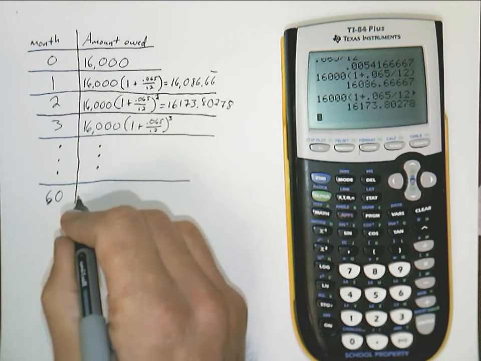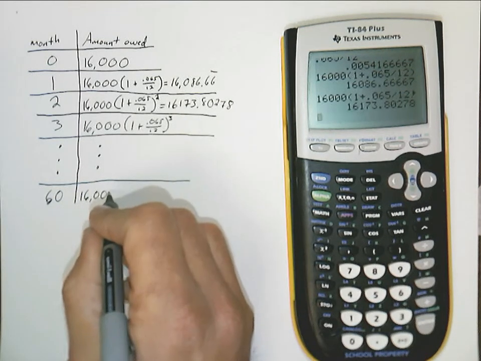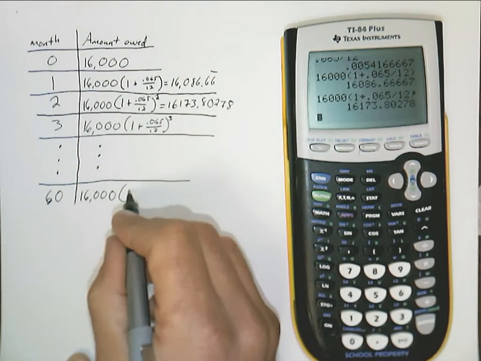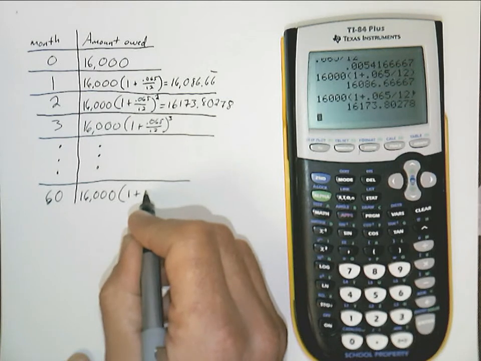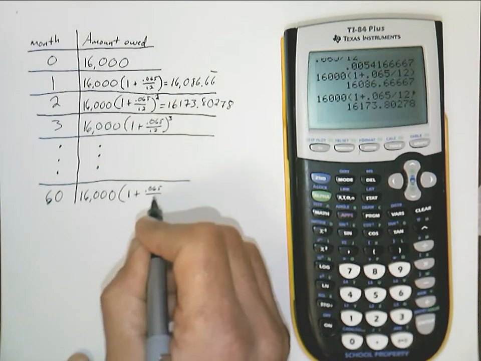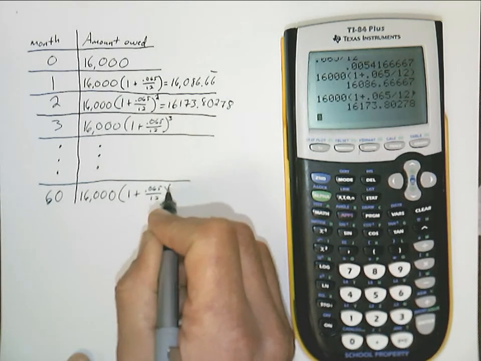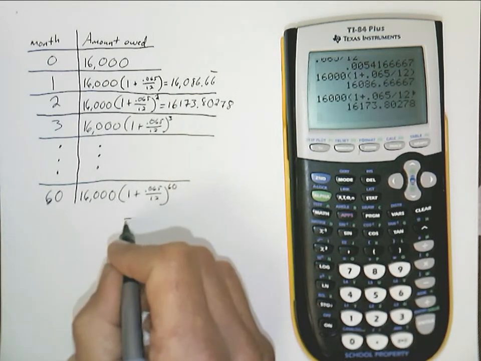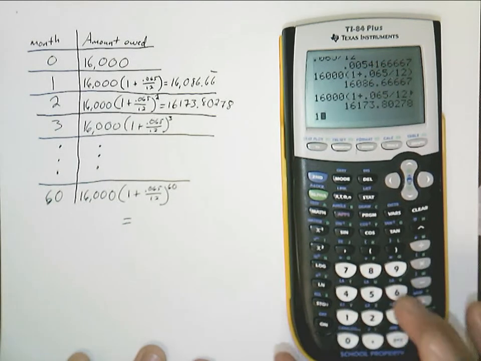So for 60 months, we've taken 16,000 and we've done the same thing 60 times, meaning that we have 1 plus 0.065 divided by 12 to the power of 60, which is, well, let's see here.